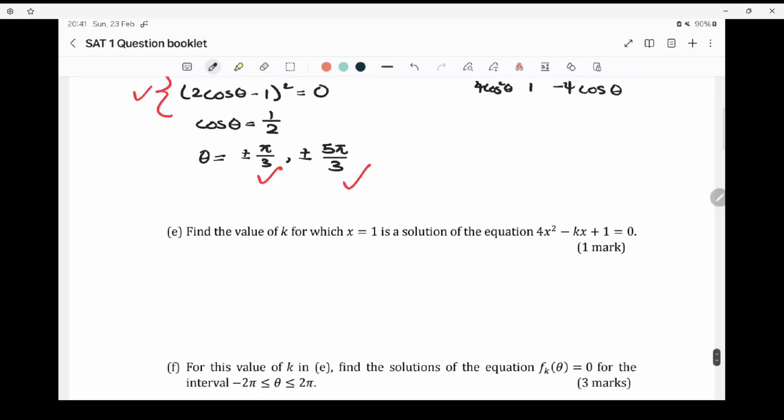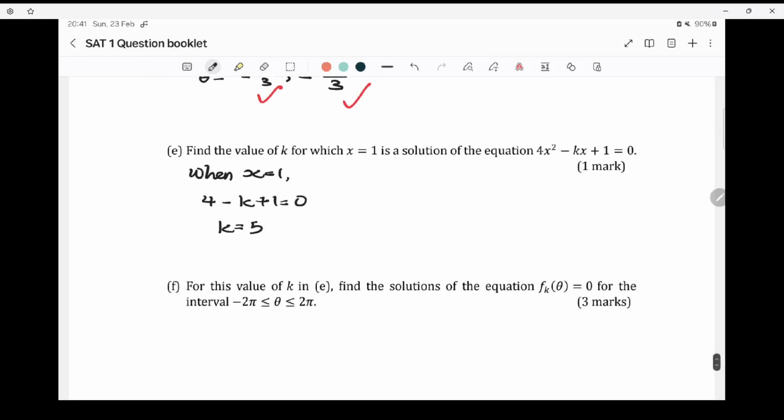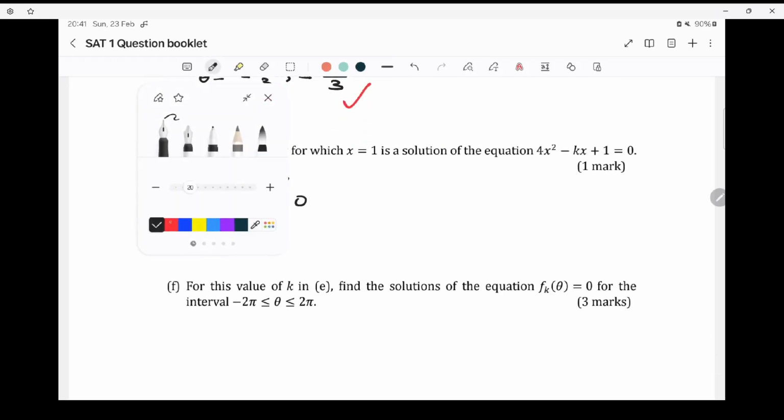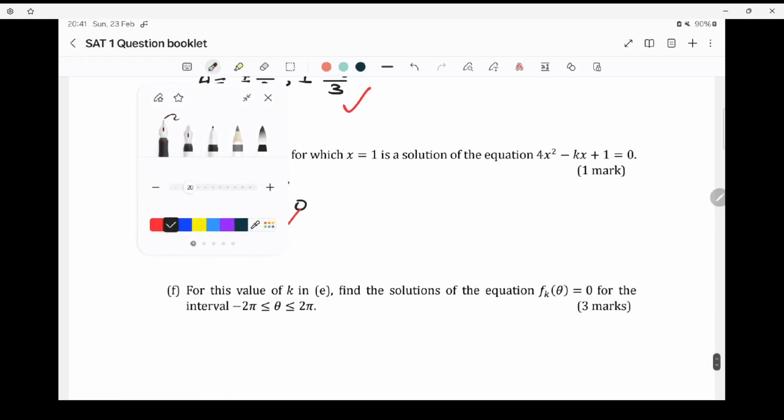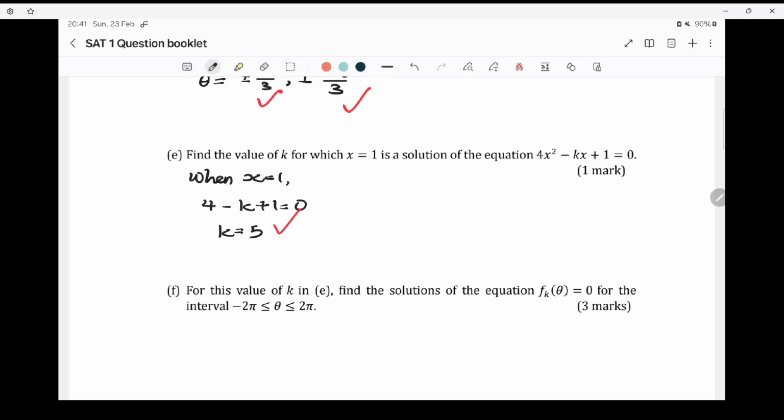Find the value of k for which x equals 1 is a solution. So just substitute. When x equals 1, 4 minus k plus 1 equals 0. So k would be 5. For this particular value, find the solution for that interval.